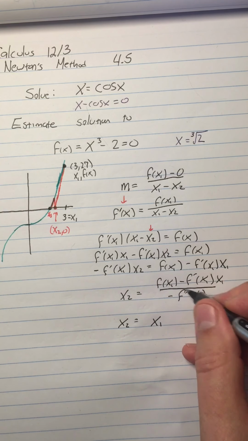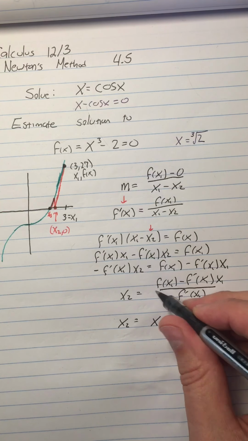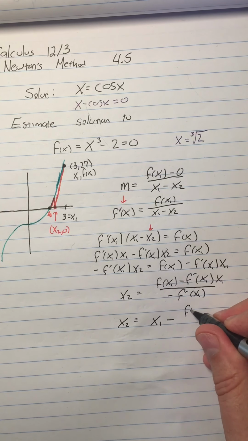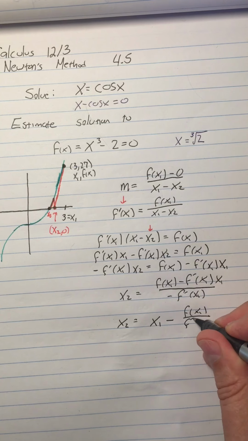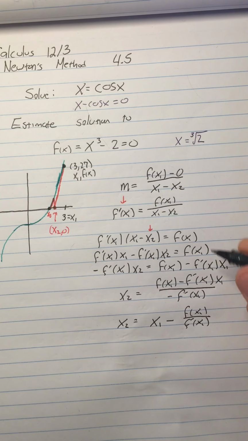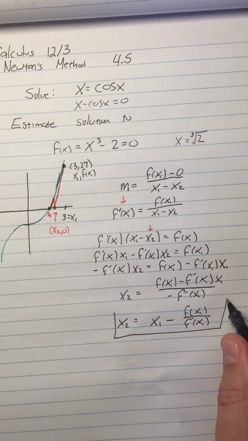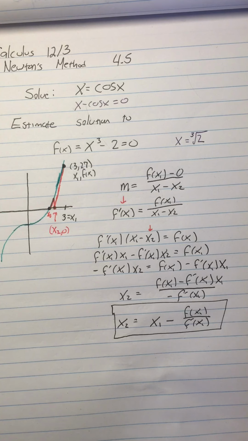Then we put this term next, so I'm going to have minus, because it's a positive divided by negative, and then I just have f of x1 over f prime of x1. Okay, so this is the derivation of the method. This is the engine of the method. This is how we do Newton's method right here.